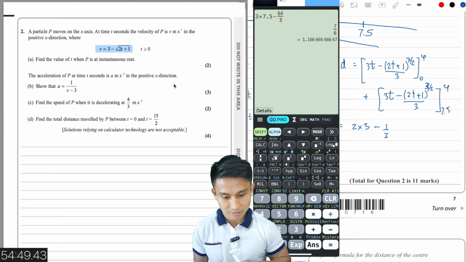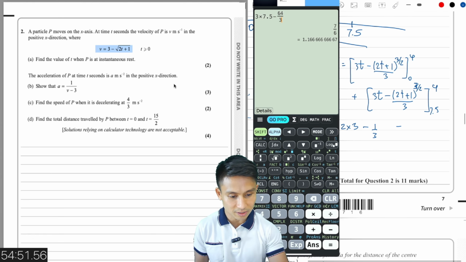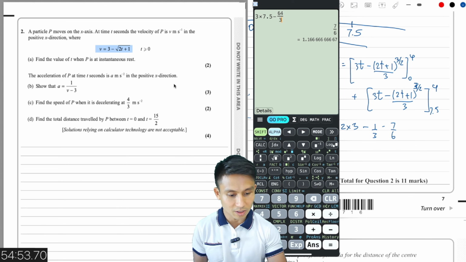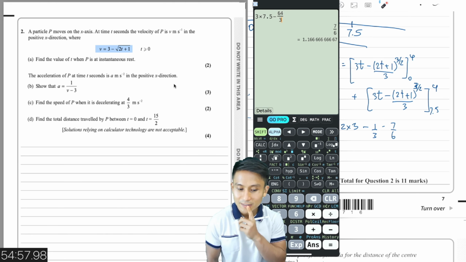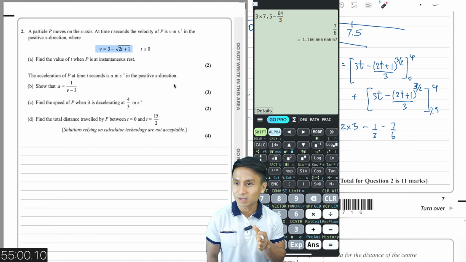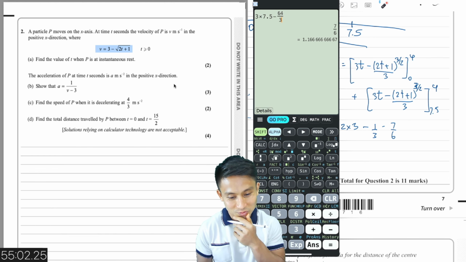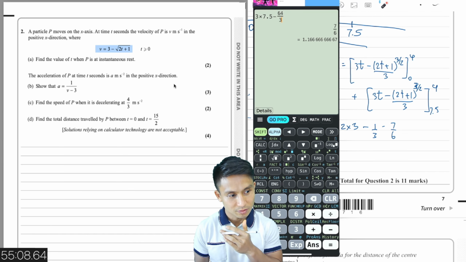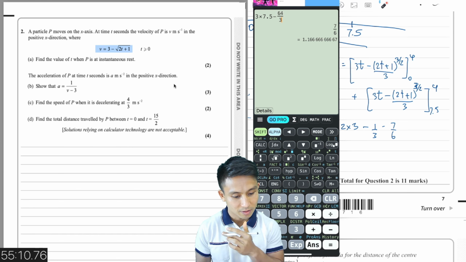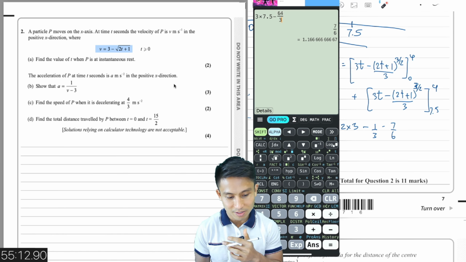Can we do fractions? Yep. Minus 7 over 6. So that's just the lower limit here from the 7.5 alone. Let me just double check that. It's like I'm doing a mix of mental math and calculator here, so things could go south, right? 15, 16, 4, 64. Yep, 64 over 3. Yep, I think I'm happy with that.